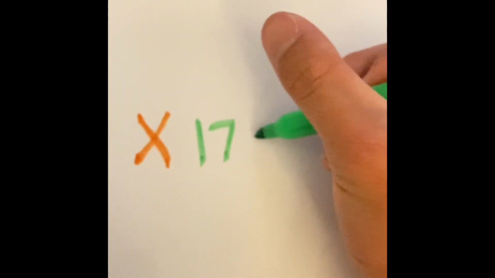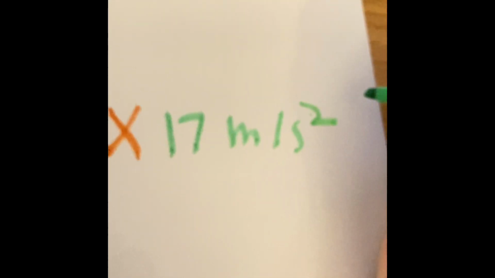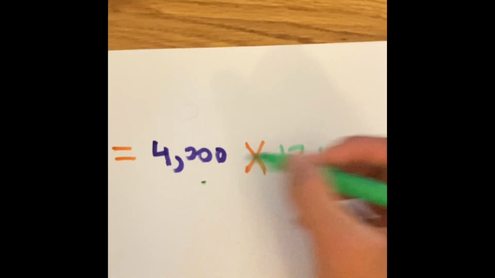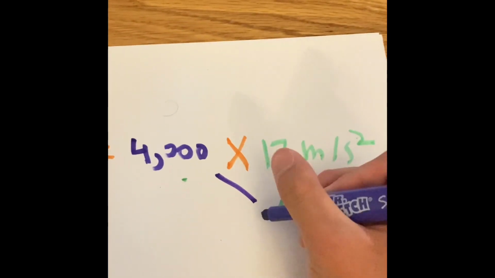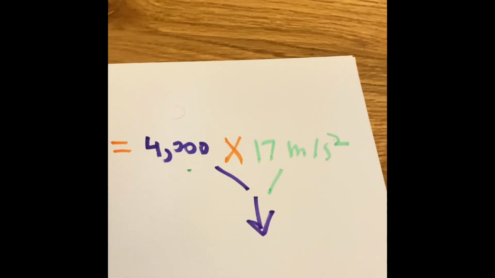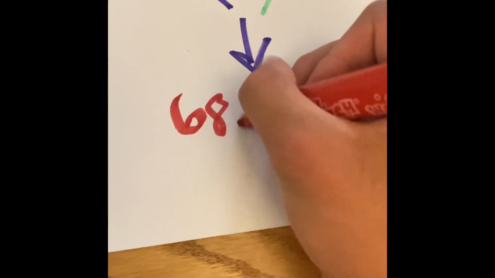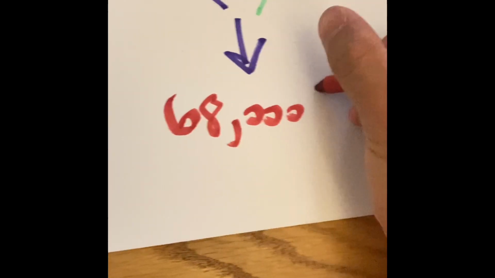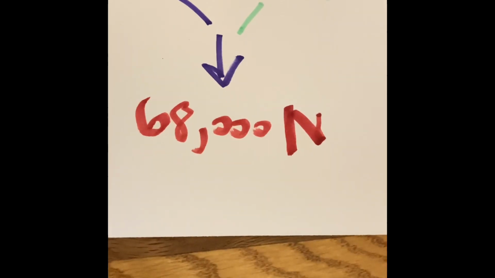So we're going to put that right here. Now, when we multiply 17 and 4,000 together, you'll need a calculator for this. You will get an answer of 68,000 newtons.